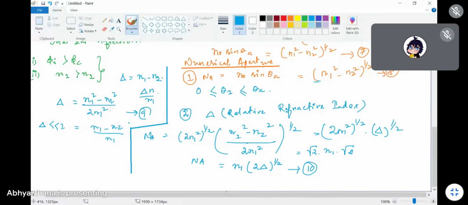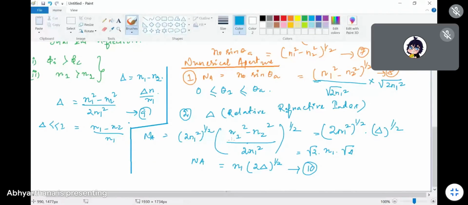So how will I get this expression? I have to divide and multiply by 2 n1 square inside this. Since there is a half power over here, I'm dividing and multiplying by root over of 2 n1 square, okay? So the same thing is written over here in a more engineering sort of way.